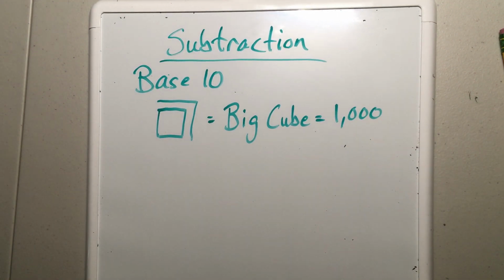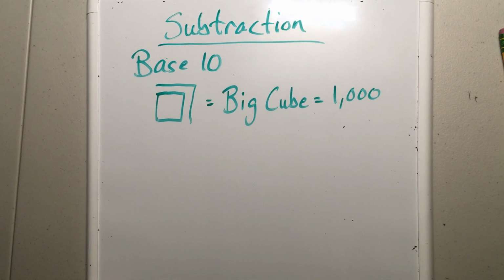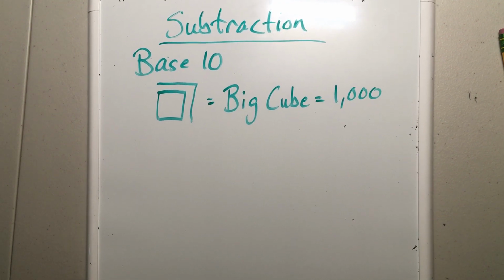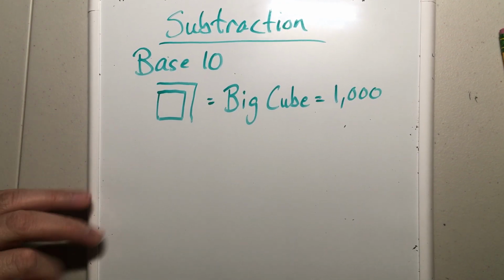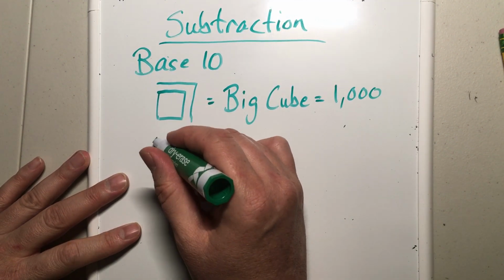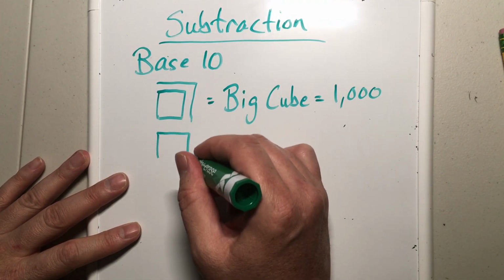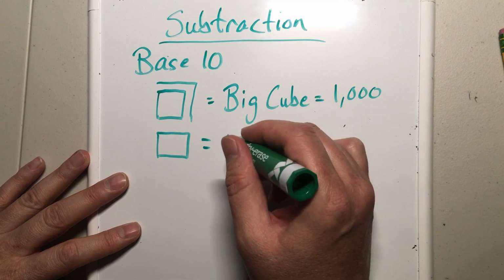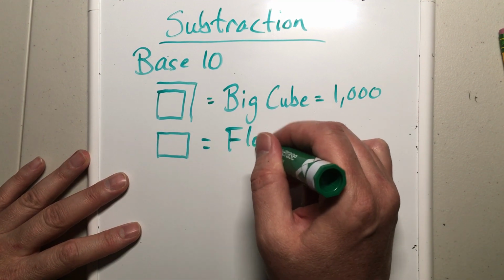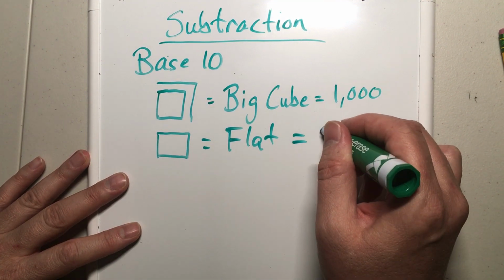If you have what are called manipulatives, base 10 blocks, use them. I think it's a great thing to do. You can order those online. They are a little bit expensive, or go to an educational store near you. This is called a flat, and a flat is equal to 100.